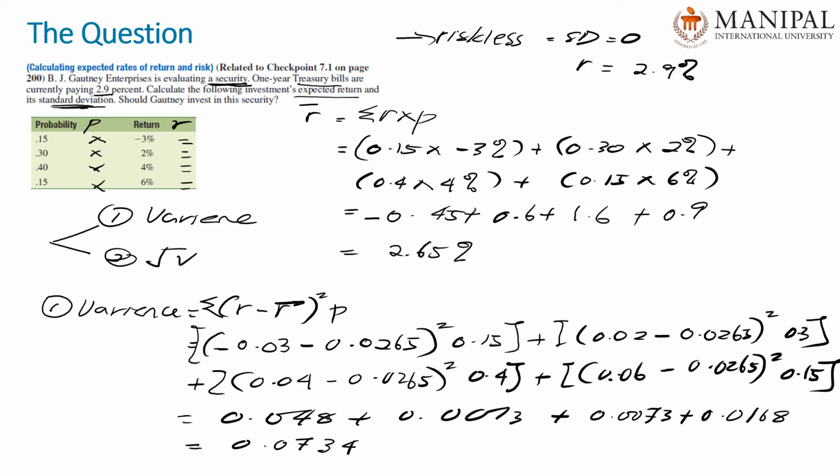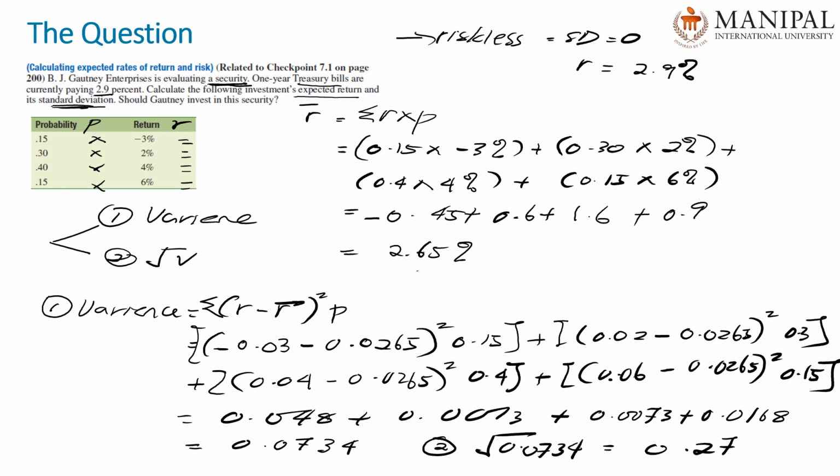Now the second step that you have to do is to take the square root of 0.0734, and you will get 0.27. This is the risk, which is the standard deviation, and the return is 2.65.